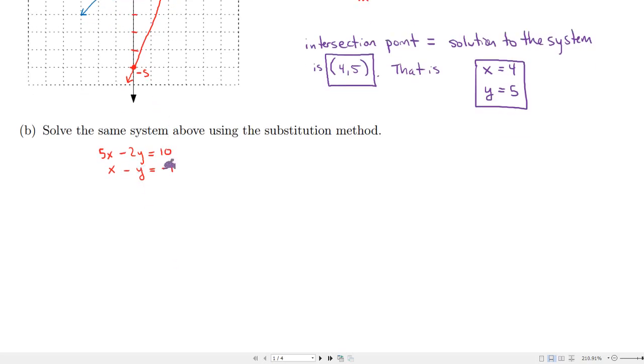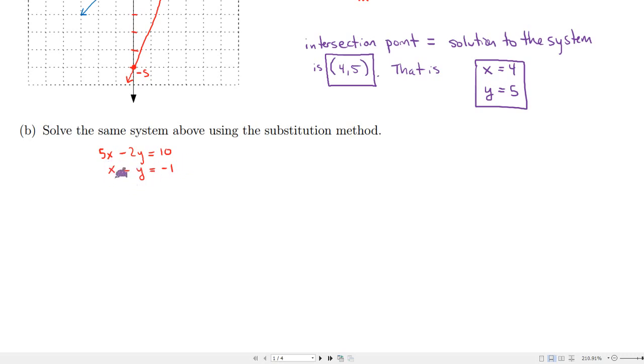Now, the choice is kind of arbitrary in which equation and which variable you pick initially. So I'm going to pick this bottom equation because it's a little bit easier to say what, for example, x is.